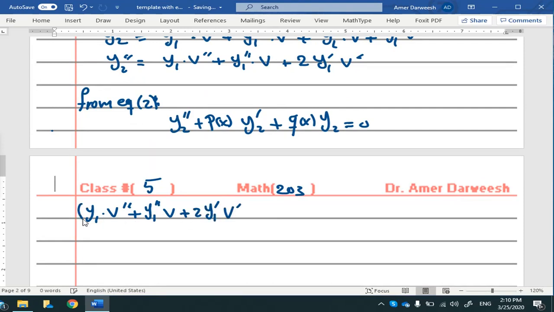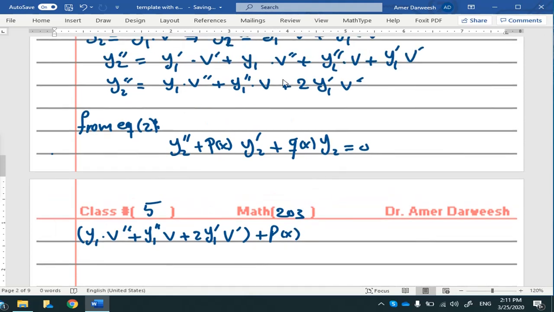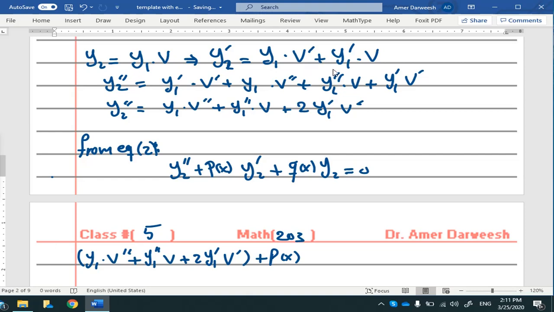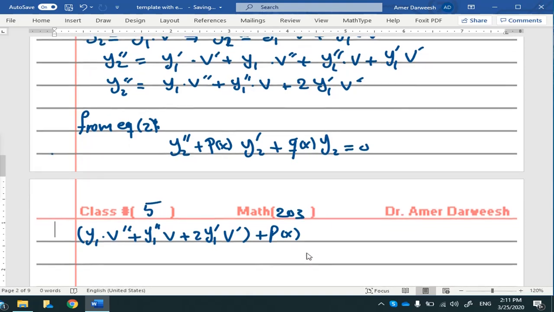Now plus p(x) times y2 prime, which is y1 prime v plus y1 v prime. Finally, plus q(x) y2 equals 0.